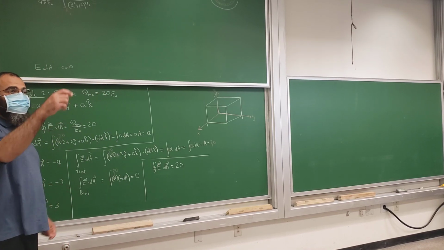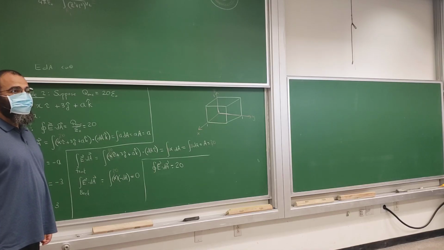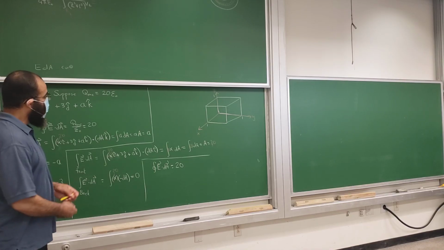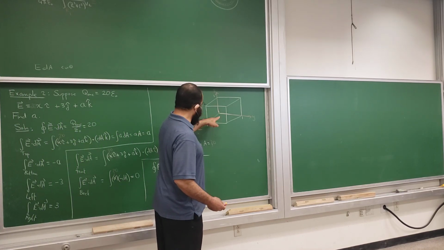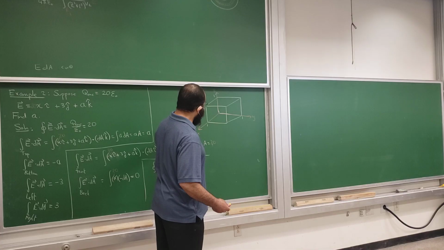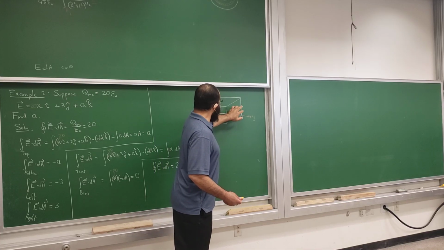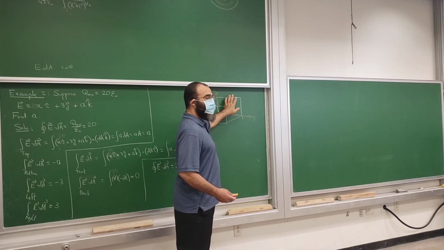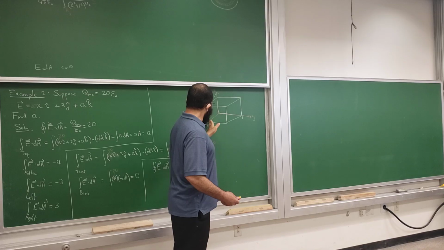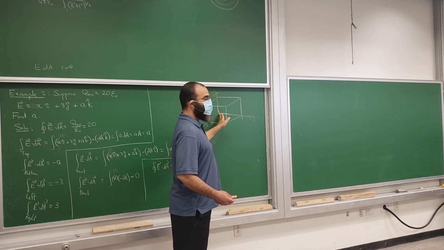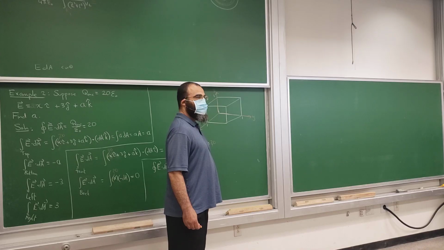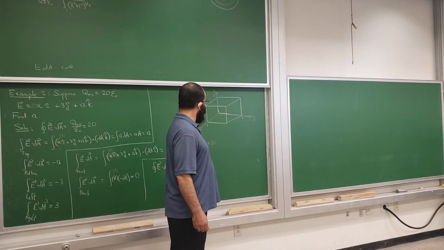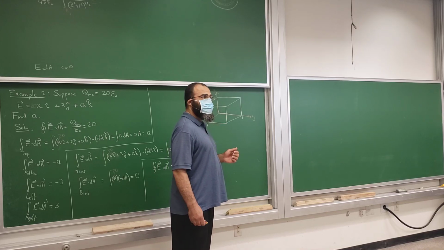Can you explain again why x i hat on the back is 0? What is x here? This is the x-axis. Where is the back face? The back face is on the YZ plane. At the YZ plane, x is 0. But x itself is 0.